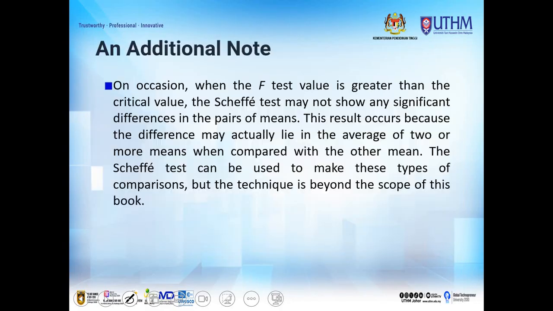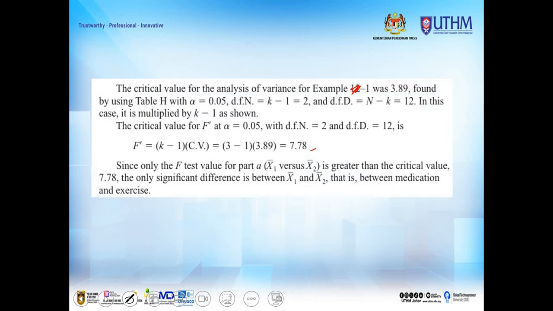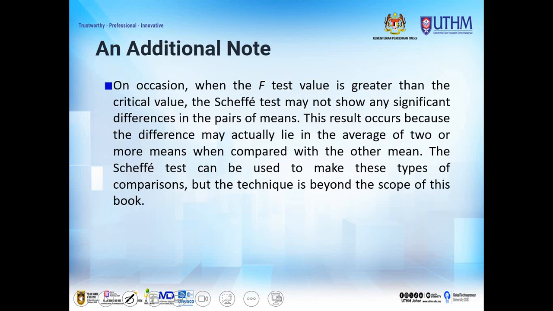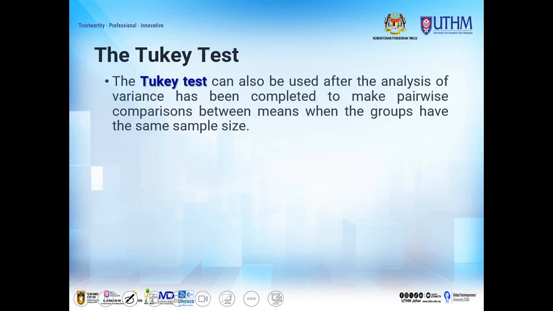Okay, next example. These additional notes I think you can go through yourselves. I'll go on with the Tukey test. The Tukey test can also be used after the analysis of variance has been completed, to make pairwise comparisons between means when the groups have the same sample size.